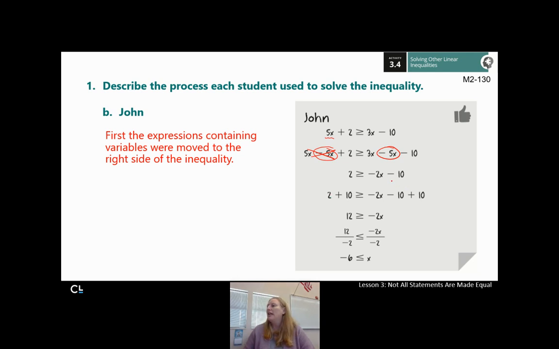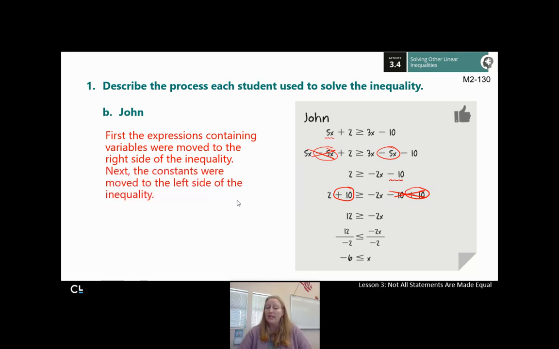It looks like the next step that John did was to get rid of that negative 10. So he added 10 to both sides so that those would cancel out and just leave him with 2x. And 2 plus 10 is 12. So he actually gathered his constants on the left side. Again, opposite of what Allison did. Allison gathered her constants on the right, but John's next step was to gather the constants on the left side of the inequality.